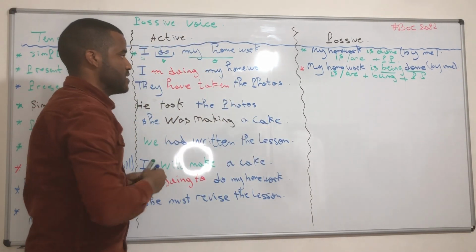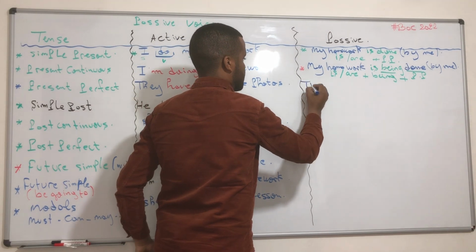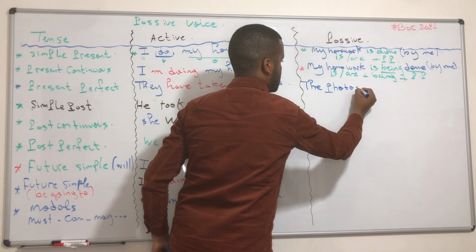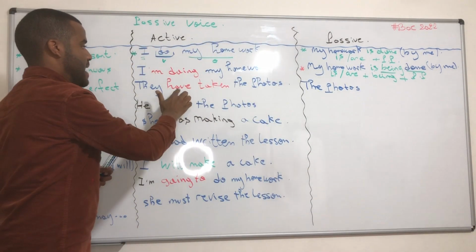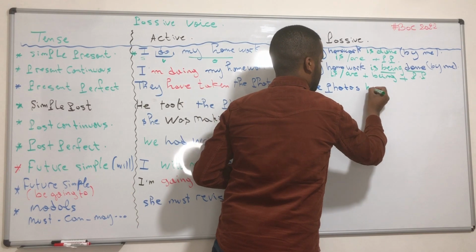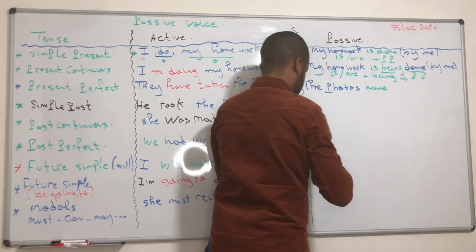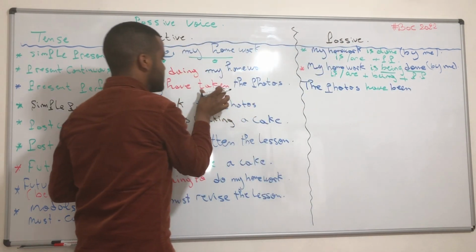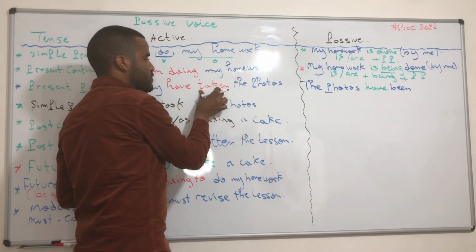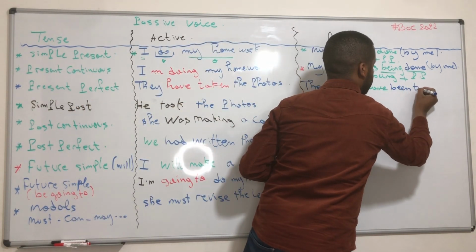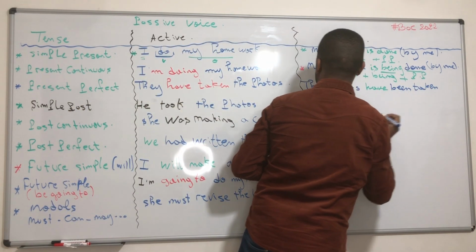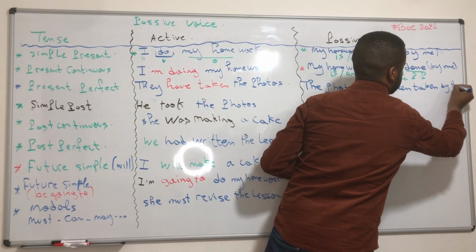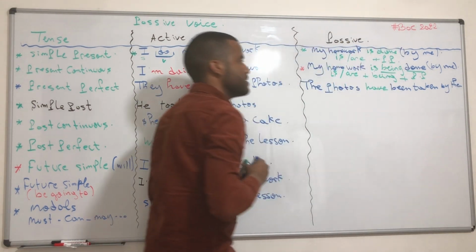We take the photos, then have, and been, and the past participle. This one is already in past participle, the verb take, have taken, by them.